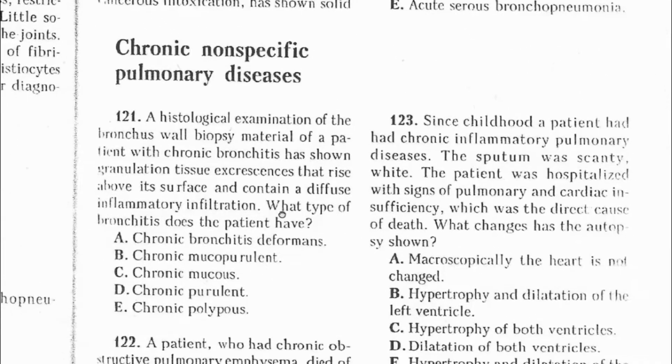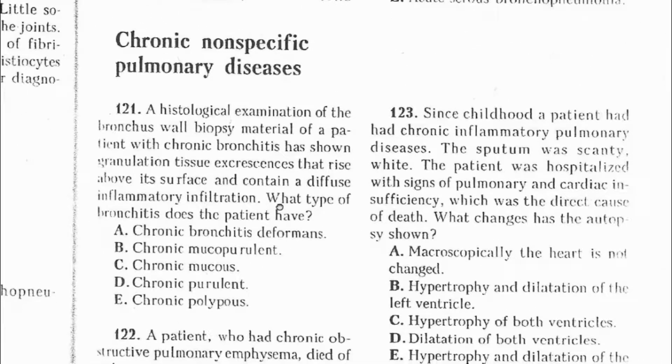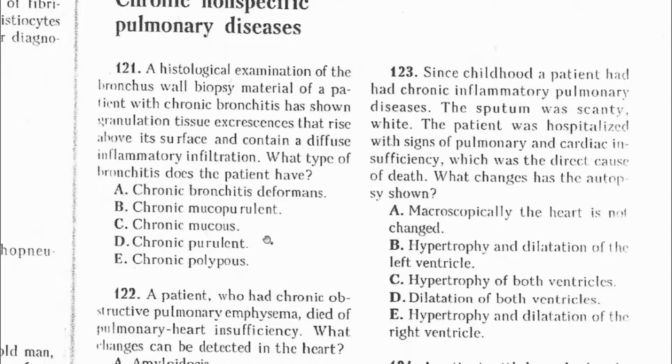Okay. 121. A histological examination of the bronchus wall biopsy material of a patient with chronic bronchitis has shown granulation tissue excrescences that rise above its surface and contain a diffuse inflammatory infiltration.